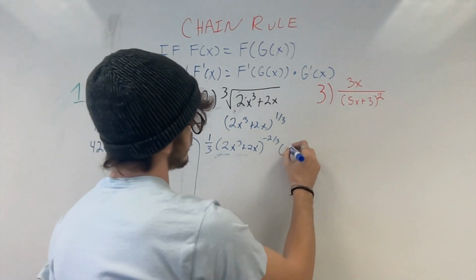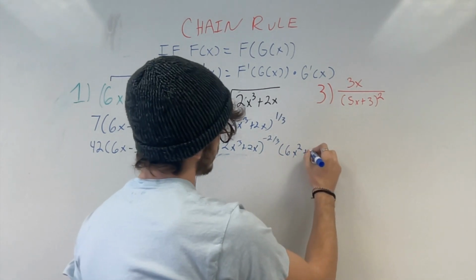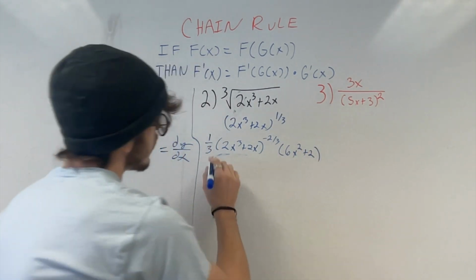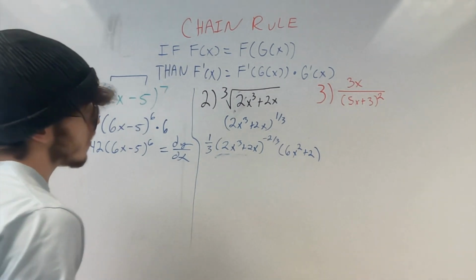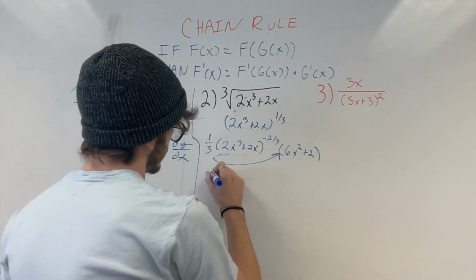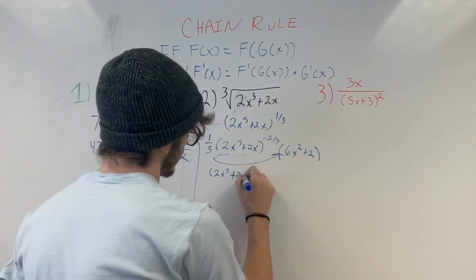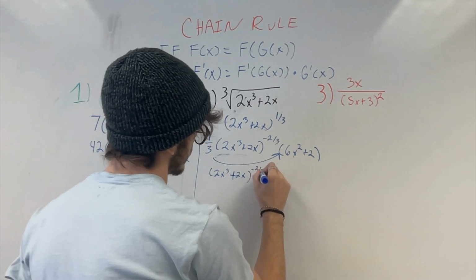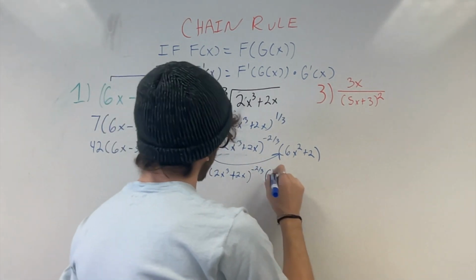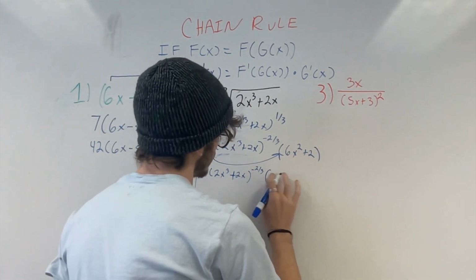So we're going to get 6x squared plus 2. Okay? We can distribute the 1/3 into our other part here. So 2x to the 3rd plus 2x to the negative 2/3 power. And 1/3 times 6 is 2.